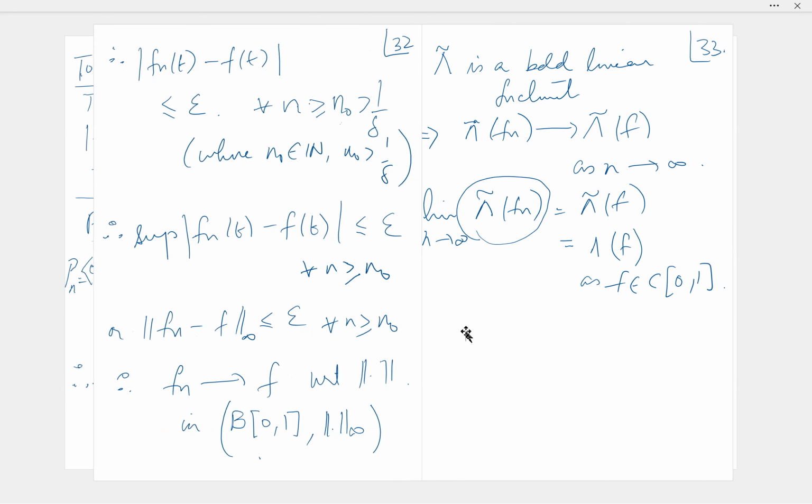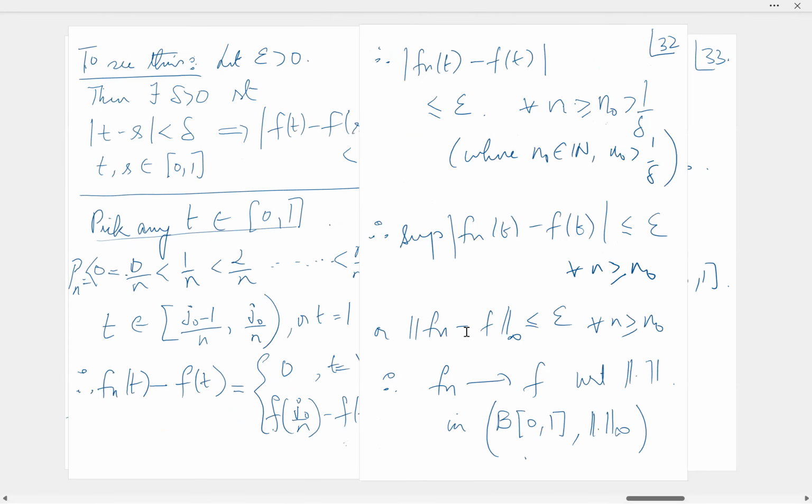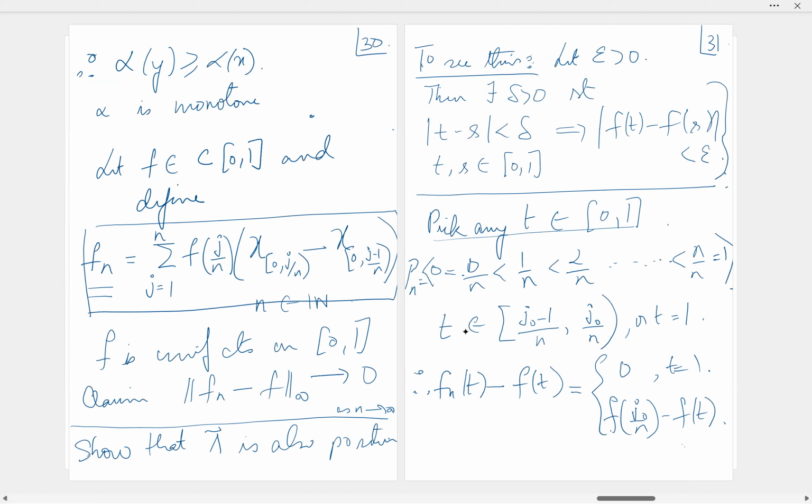Go back here. So delta of Fn's are these. When I apply this linear functional delta tilde to Fn, now this F(j/n) is just a scalar. And because of linearity of delta tilde, you will have delta tilde applied to chi of (0, j/n] minus delta tilde applied to chi of (0, (j-1)/n].